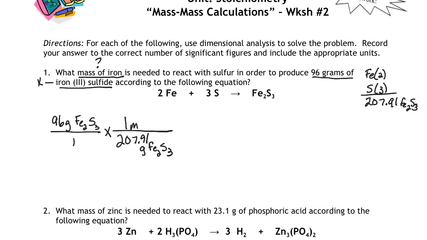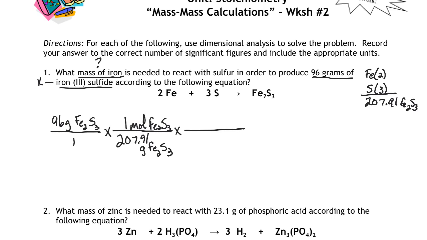In 1 mole of Fe2S3. Now I need to solve for the mass of iron, so I'm definitely not ready yet. If I have 1 mole of Fe2S3 on the top, I'm going to need to have the same thing on the bottom.